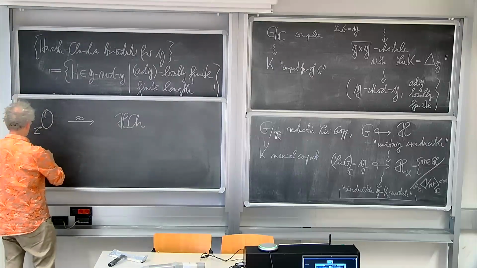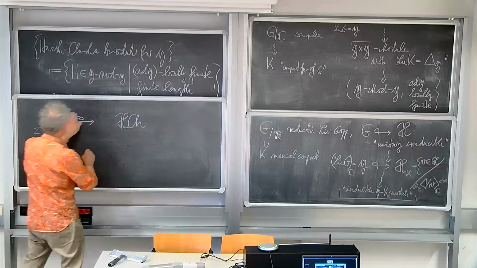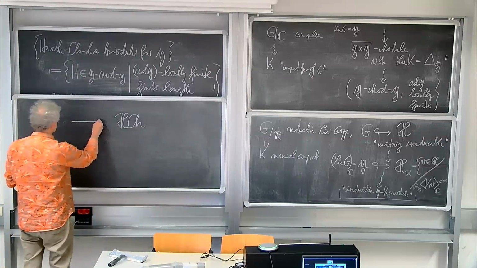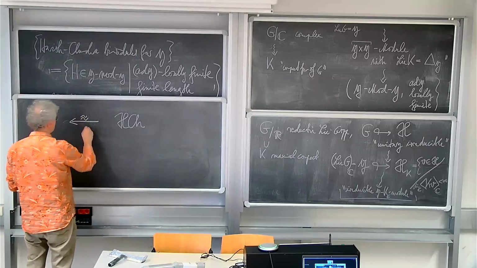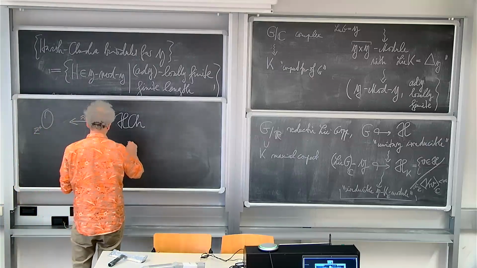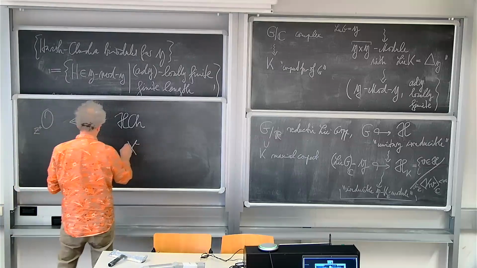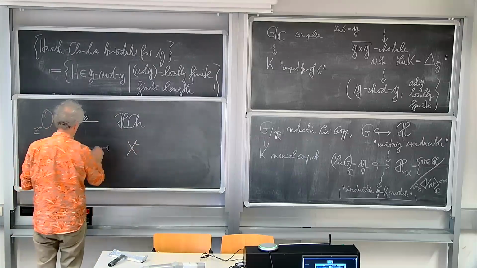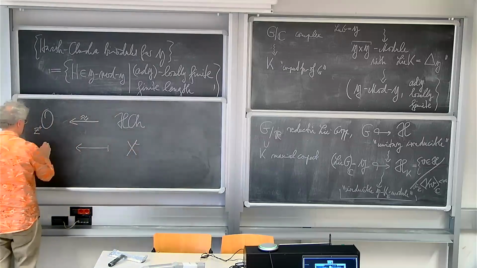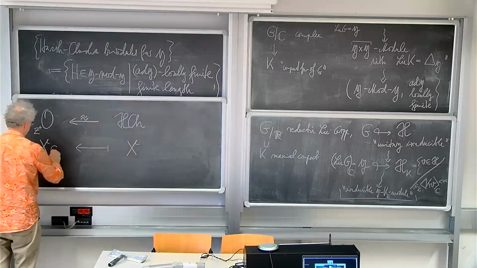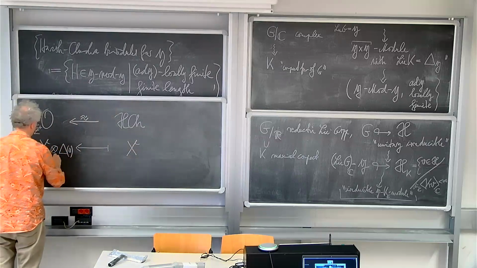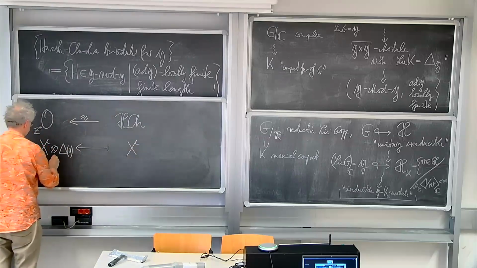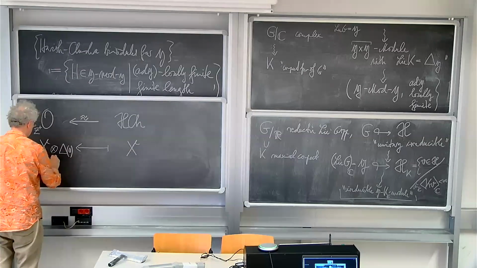For every Harishchandra bimodule X, we should tensor it with the dominant Verma module over U(b).